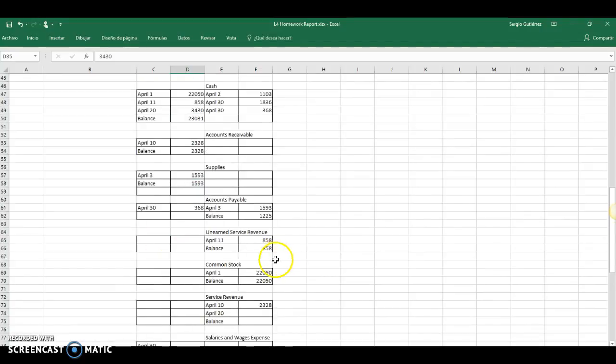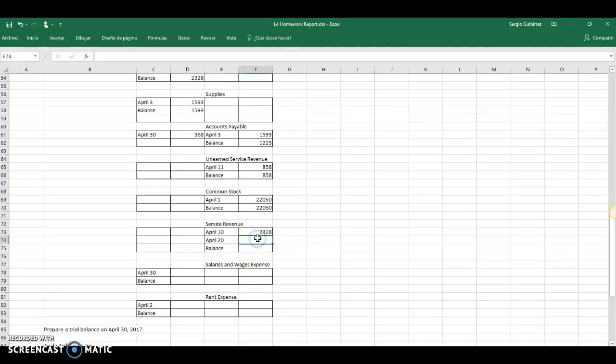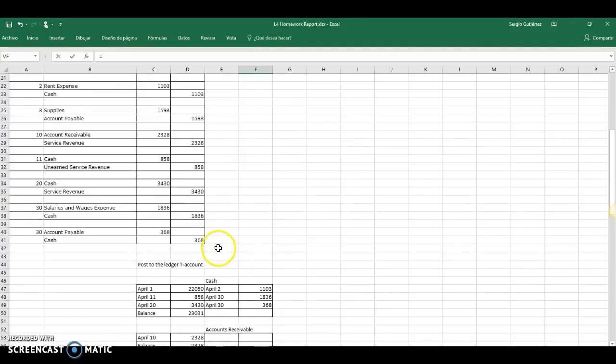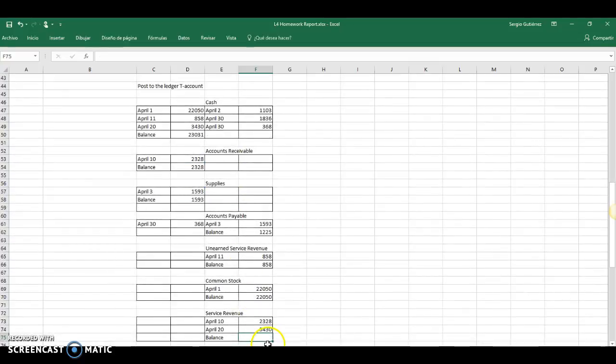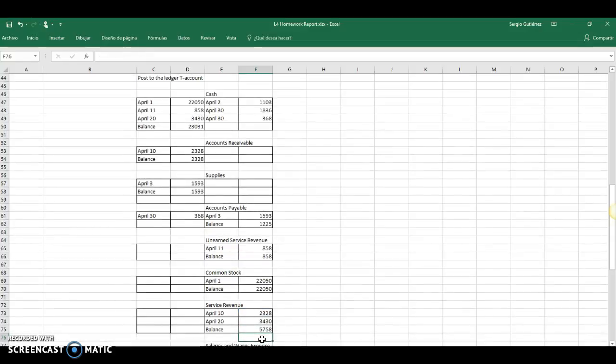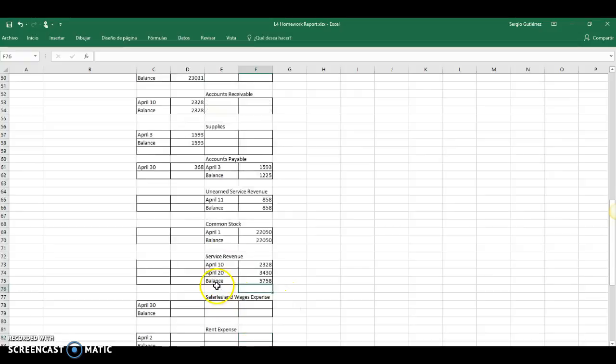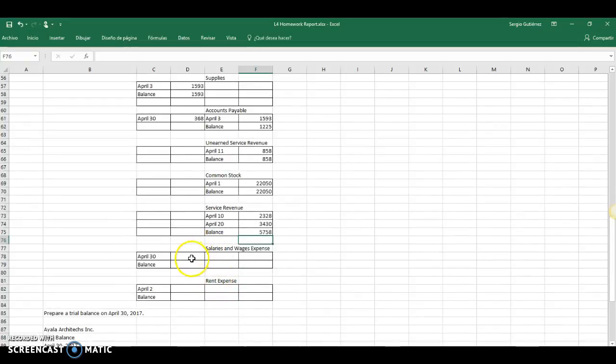So we're going to transfer this information with the click, select and hit enter. Now we add these two amounts. So now we have a balance of $5,758.